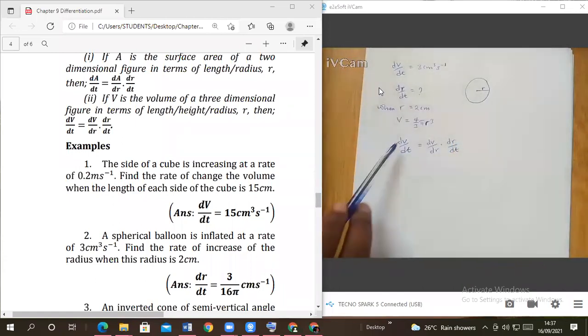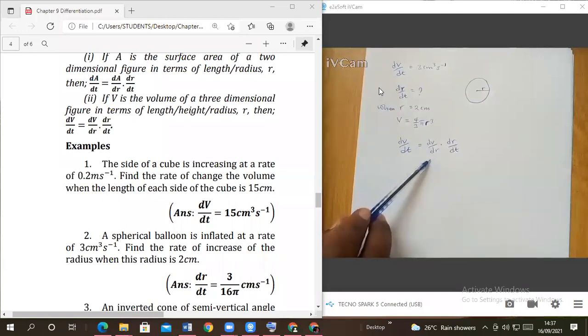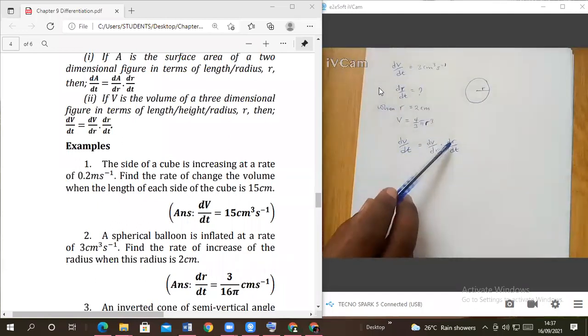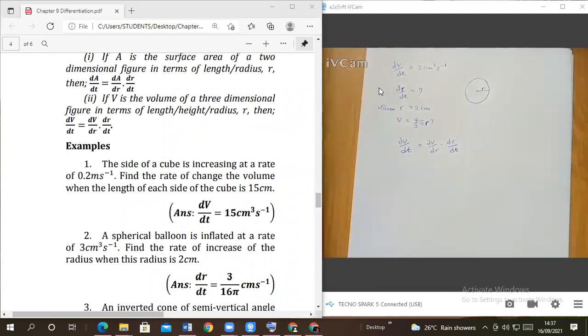The rate at which the volume is changing is equal to the derivative of v with respect to r times the derivative of r with respect to t. You can see it here in the notes, note Roman numeral 2.